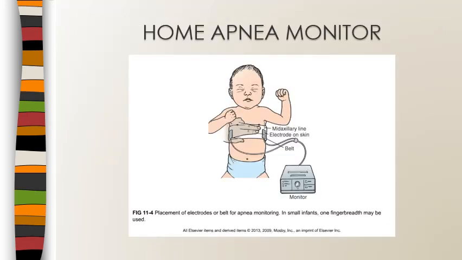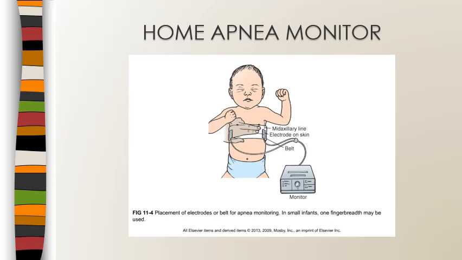So this is a picture of a home apnea monitor. There are probes on a belt around the chest that will pick up the respiratory rate, and the electrical impulses will pick up the heart rate. And then if the monitor perceives that the respiratory effort has decreased for greater than 20 seconds, then the monitor will go off.